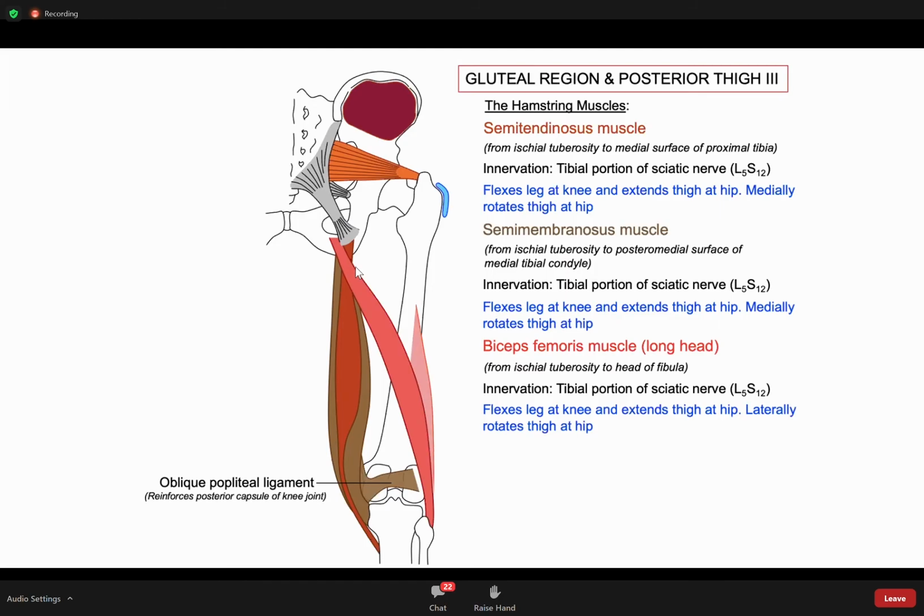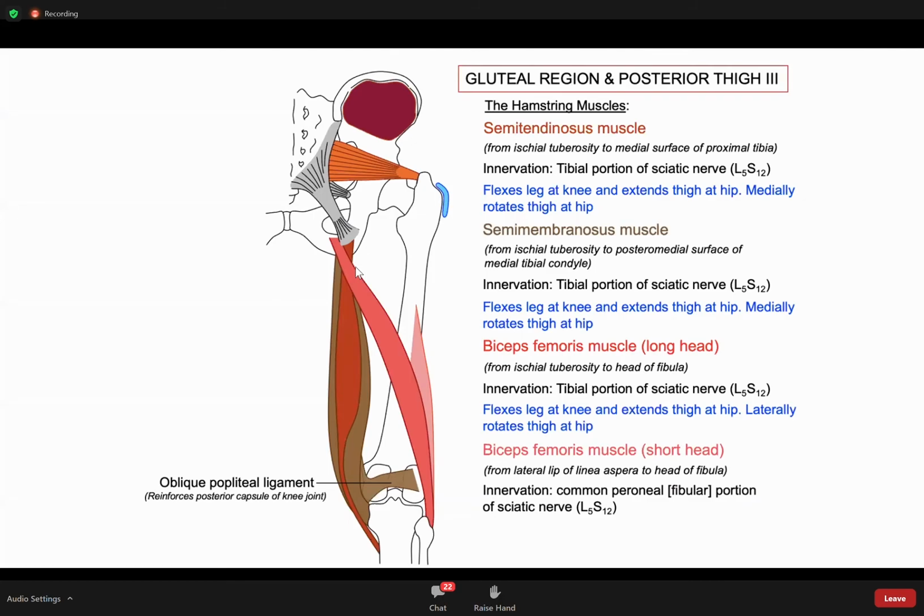This is the short head. The difference in nerve supply. The long head, same tibial part of sciatic, but the short head is innervated by common fibular nerve. That's the difference. So any difference? Are we good so far? So these are the hamstrings.